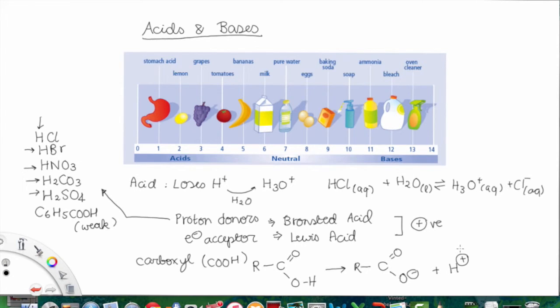Strong acids produce more protons in solution than weak acids. Let me draw that up here. If we start with something with a proton attached to it, for example HCl or HBr, it dissociates into A- and a proton, H+. Remember we talked about equilibrium constants in the chapter before, and we can write this as the product over the reactant.